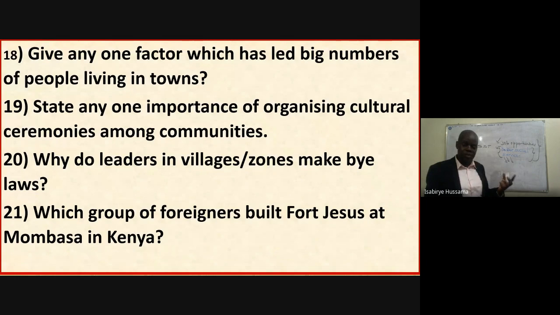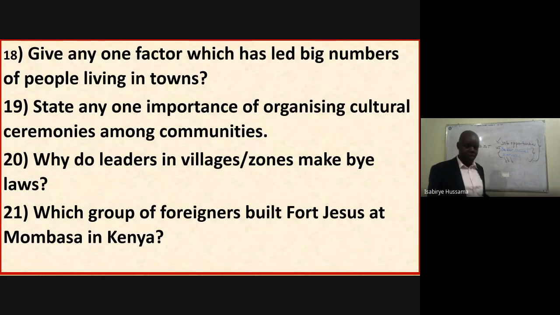Instead of saying better social services, encourage them to say towns have better schools, towns have better hospitals, towns have better security. Those are the social services, and each point given under social services is given a mark. But should that child start with better social services, then in the second answer give towns have better schools, towns have better hospitals, we marry those points and the child ends up getting one mark.